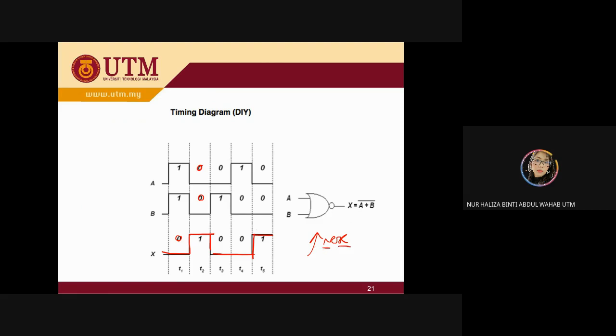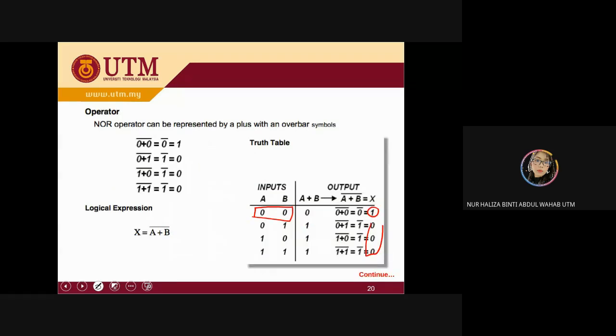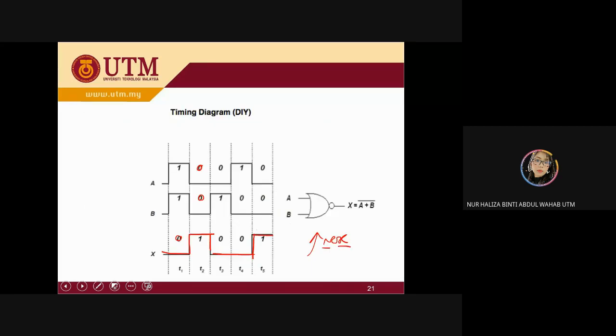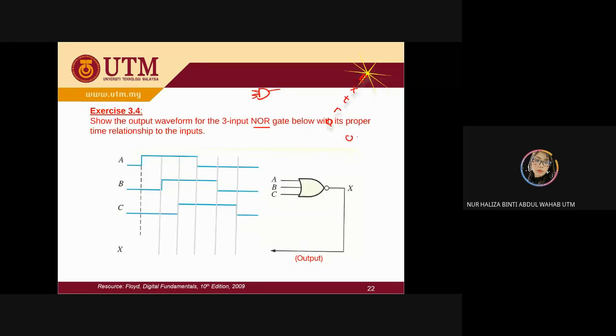Later you can see that you will also have, okay, there is an exercise, similar to what we had on our NAND gate just now, but here is our NOR gate. For our NOR gate, 0 0 will be 1.